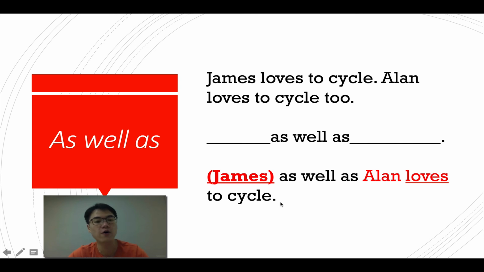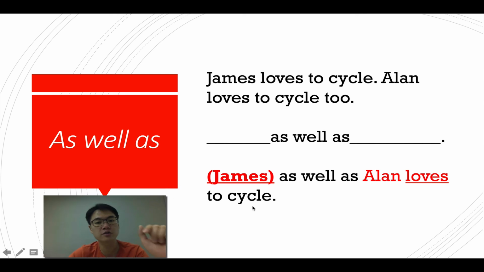So always remember, whenever I see the connector as well as, I always look for the first subject that appears before the connector. If it's singular, like in the case of James, then one puts S after the verb. If it's plural, in the case of the girls, then it takes away the S. The girls, as well as Alan, love to cycle.